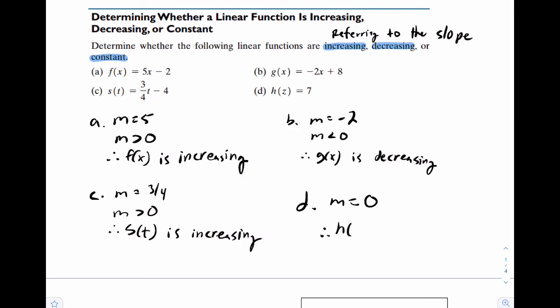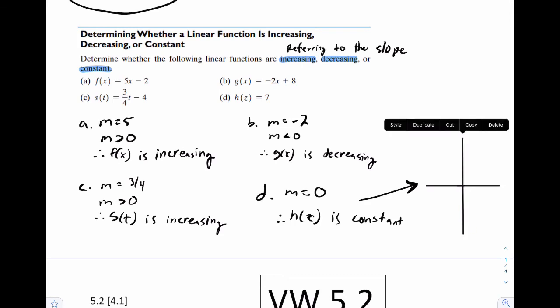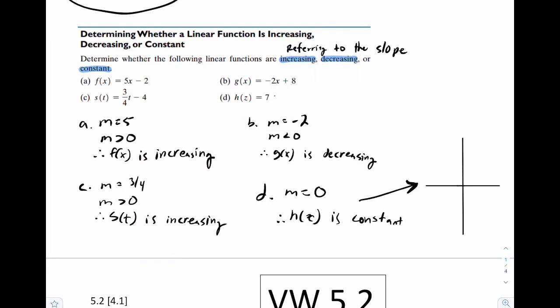So you're going to write h of z is constant. So graphically, it's important to understand that that would indicate a straight line, kind of like this. There's 7, and it would look like that. That's a constant function.